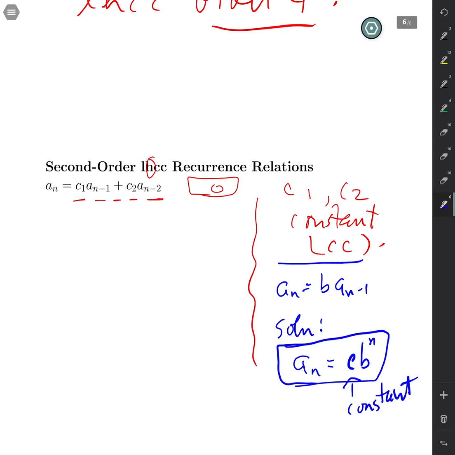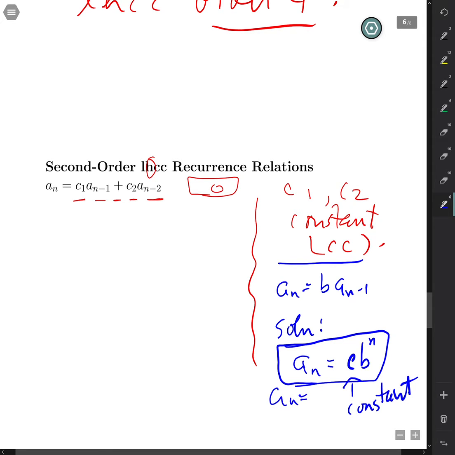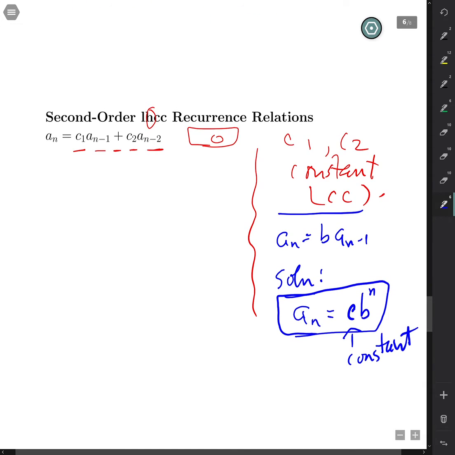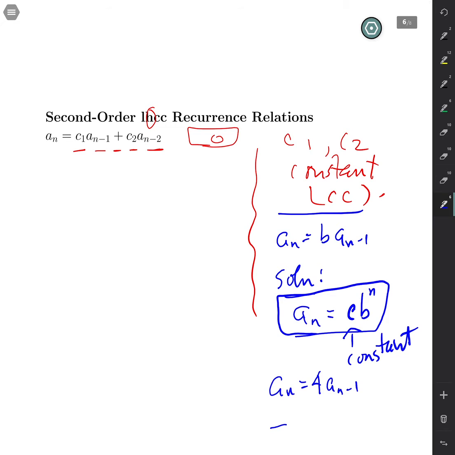So, the sequence an is equal to 4 an minus 1, like so. We could start it with anything here for a0. What do you want to start it with? Well, I can't hear anybody talking. I better do it, right? So I'm going to just kind of randomly pick a number there.